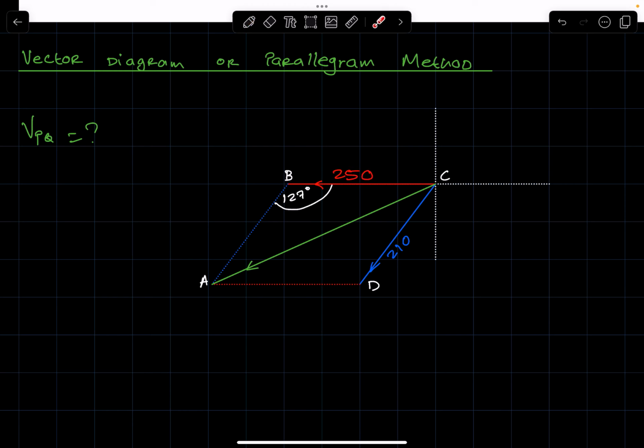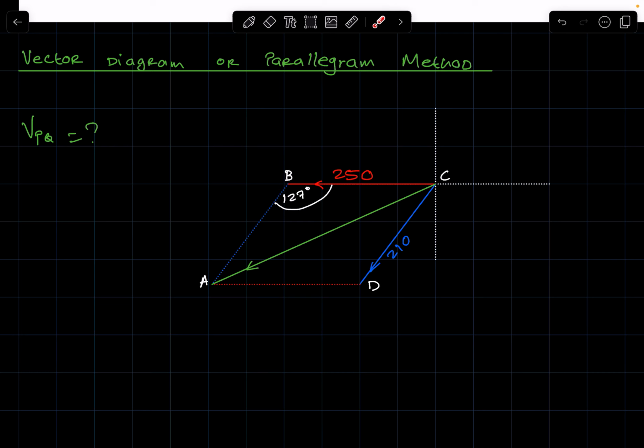We have the magnitude of both vectors, which makes this angle an included angle, meaning that we are able to use the cosine rule.